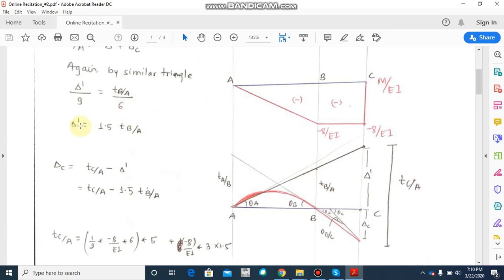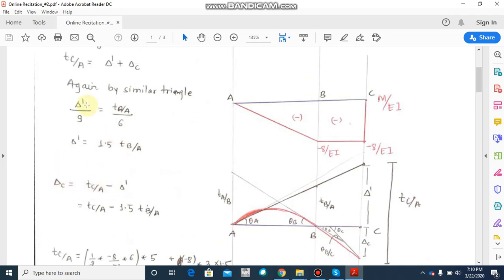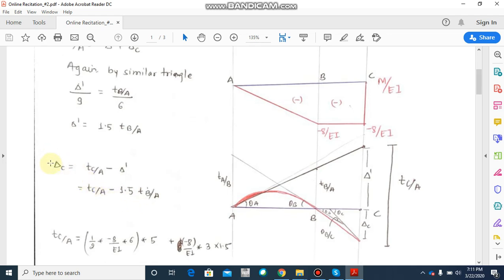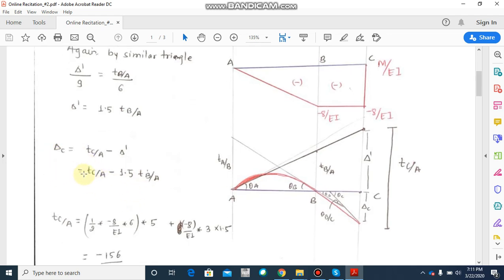So we get delta dash equals 1.5 times t_B/A. So deflection at C, delta C equals t_C/A minus delta dash. So delta dash will be 1.5 t_B/A. So we can calculate deflection at C by calculating t_C/A and t_B/A.